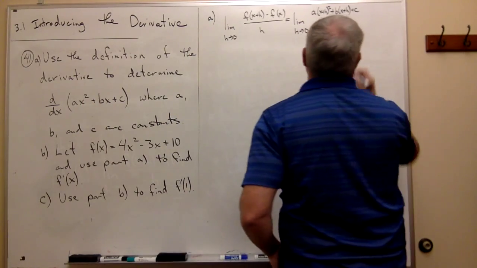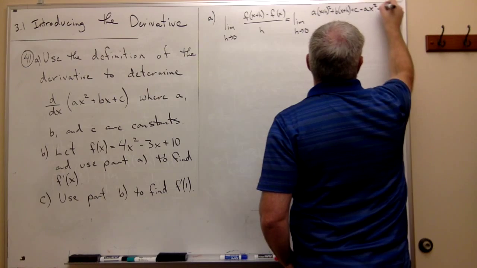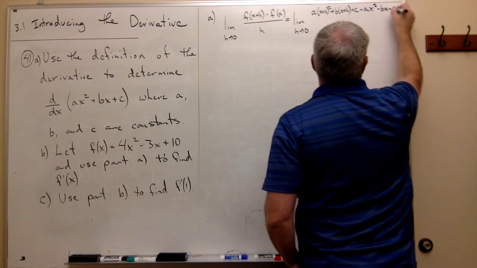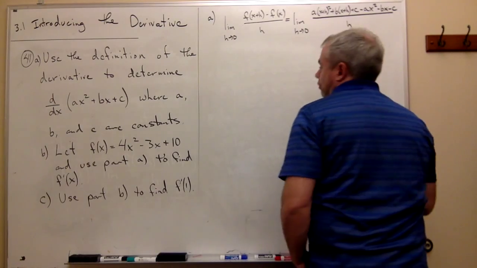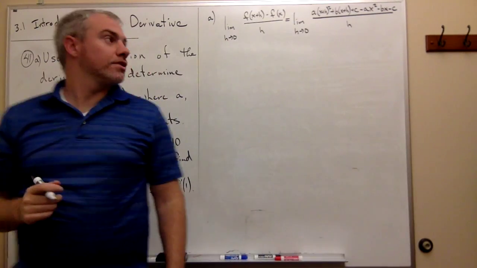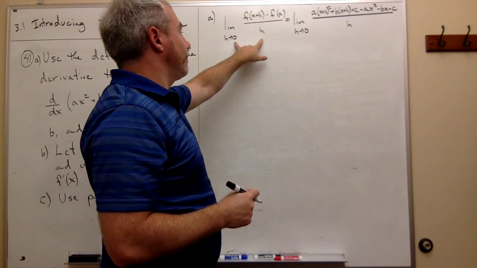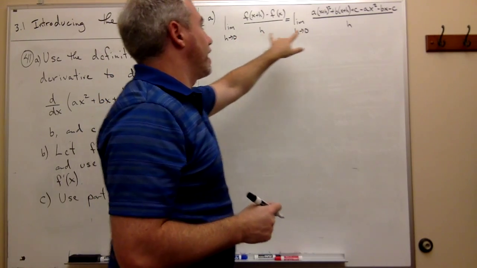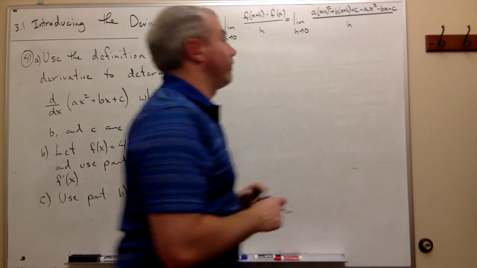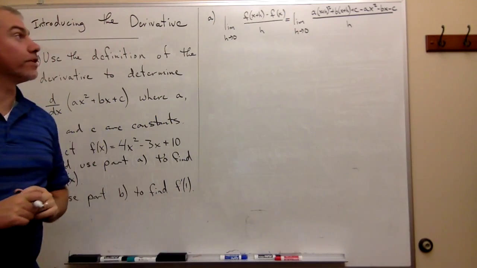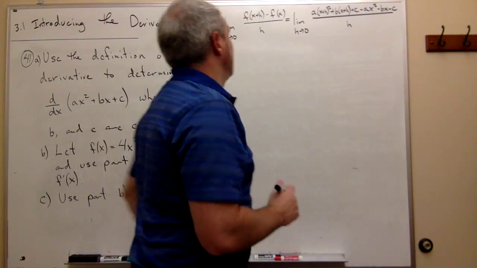So if I subtract all of that, I get a minus ax squared minus bx minus c all over h. Okay, so all that I did here is I took the formula for the derivative of a function, and I plugged in the actual f of x plus h value and the f of x value. So far so good. Let's expand this thing.